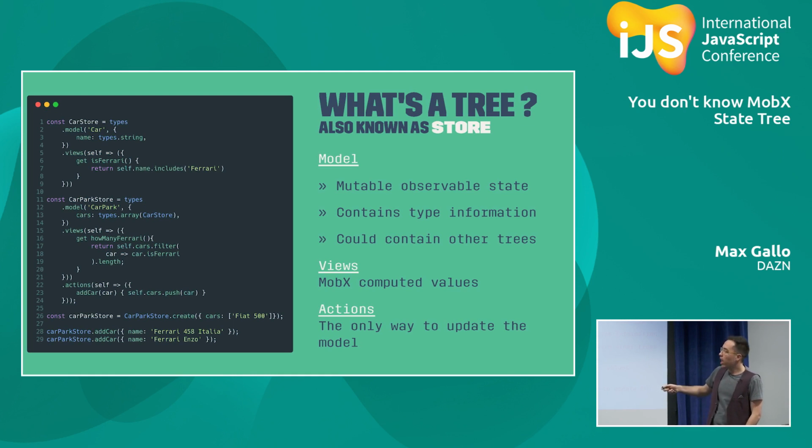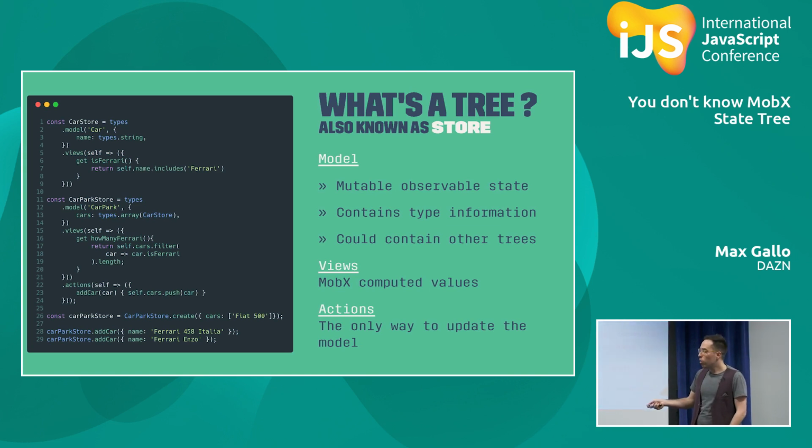And then I have a computed property, which is how many Ferrari, which is simply counting the length of all my cars that return is Ferrari as true. And then we got the actions. The only action that I have in this example is add car, because before I was adding car by pushing to the array. Right now I'm adding car by calling an action.